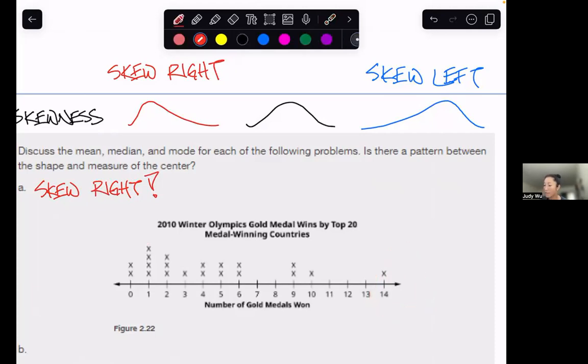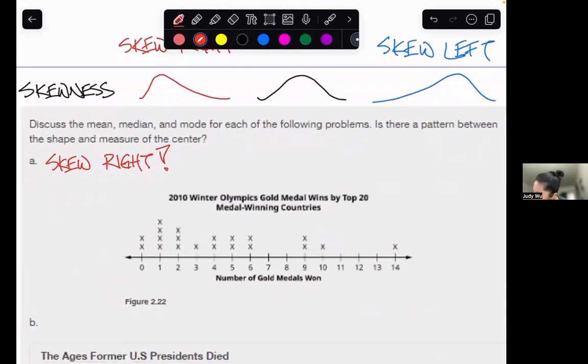Now, you don't have to do this, but if you went into StatCrunch and you put in all these data values, okay, so like 0, 0, 1, 1, 1, 1, 2, 2, 2, 3, etc., etc. If you put those all into StatCrunch, what you would find is that the mean, all right, would come out to be about 4.2.